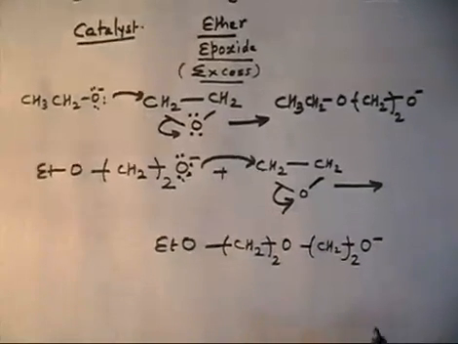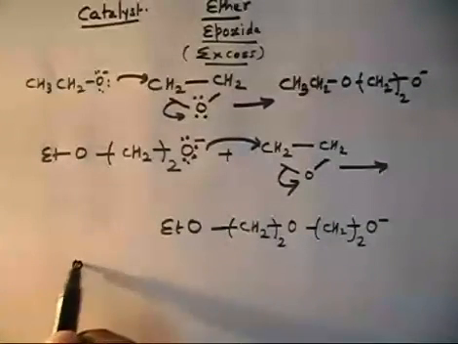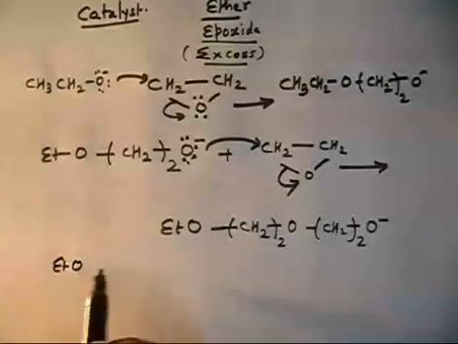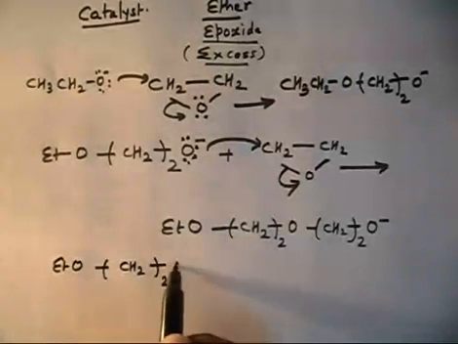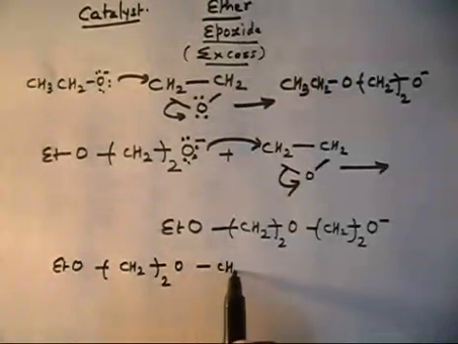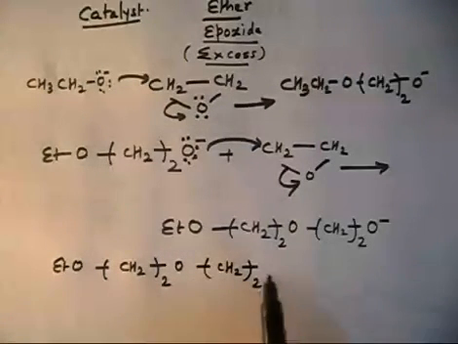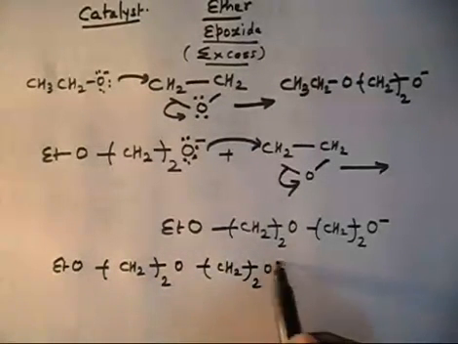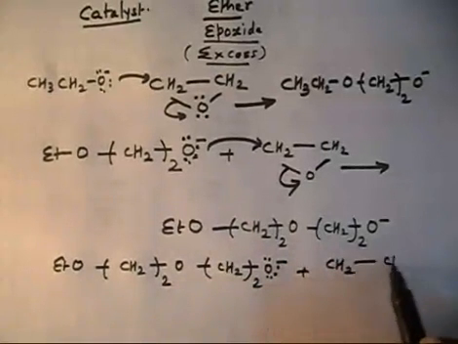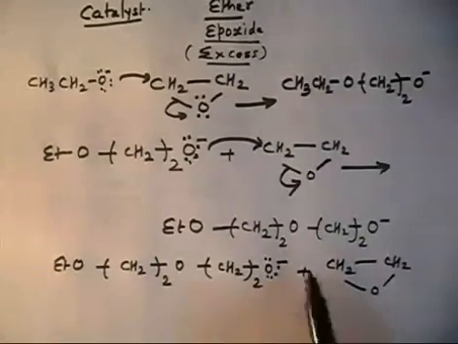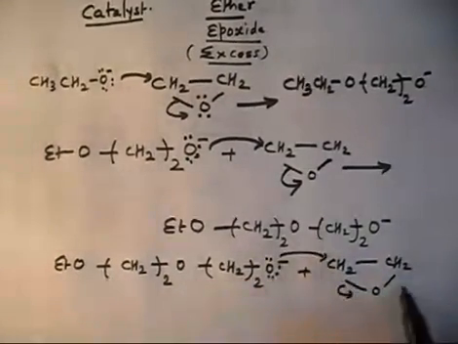If you do the same thing once again, slowly you are getting what I want to say. This O minus can further attack the same molecule: it attacks here and the ring opens up.